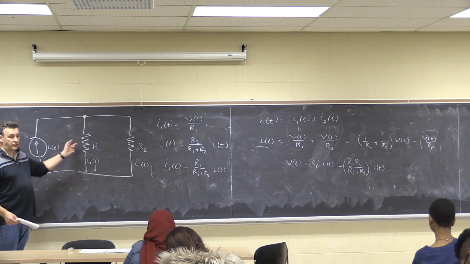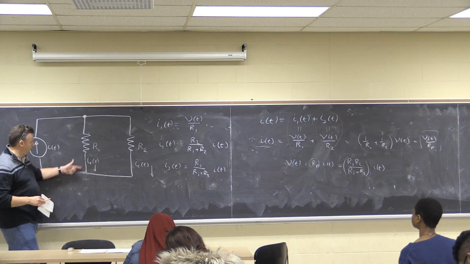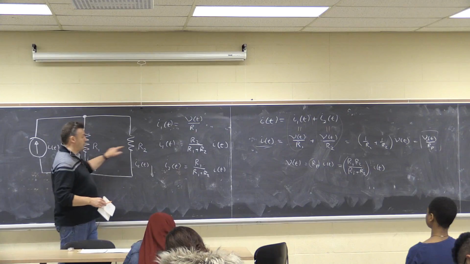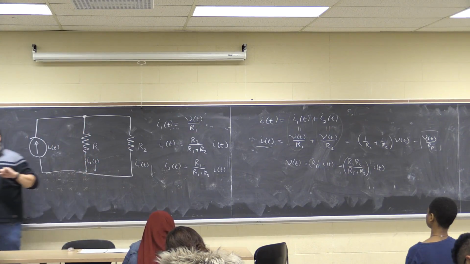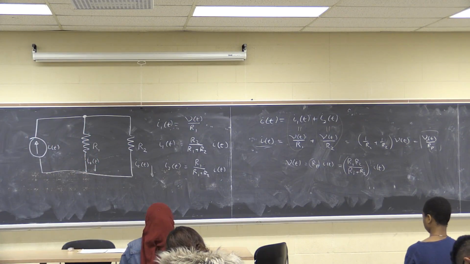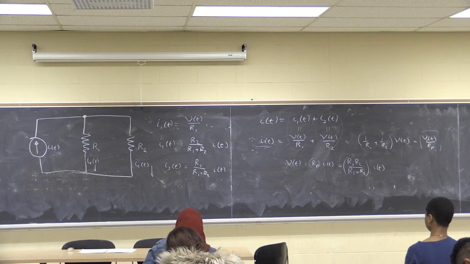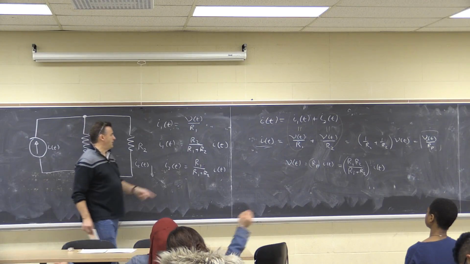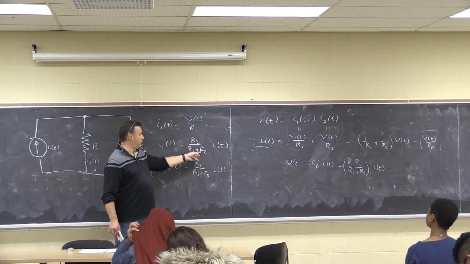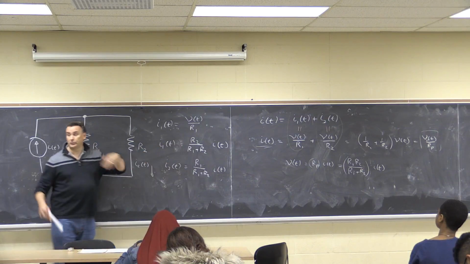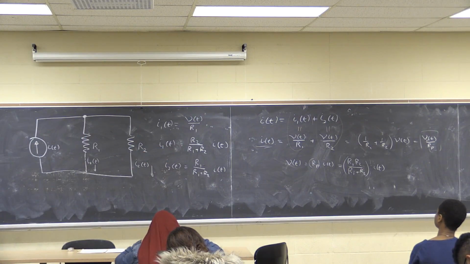So again, you've got a circuit where the current flowing through these two branches depends on the value of R1 and R2. So if R1 and R2 are equal, the current in each branch should be the same. Does that make sense? So if all equal R, this would be R over 2R. The R's cancel, it would be 1 over 2, so I'm dividing half the current into each of the branches.